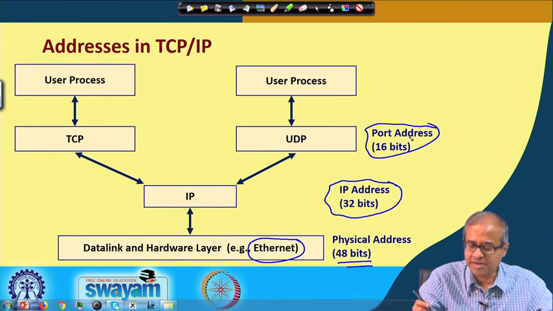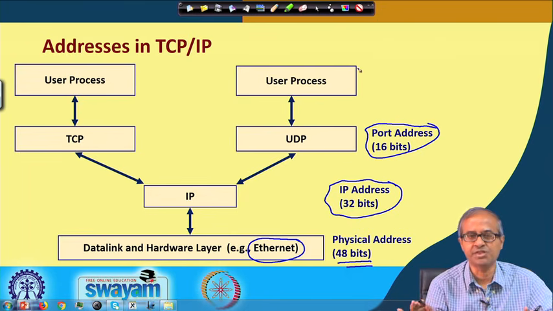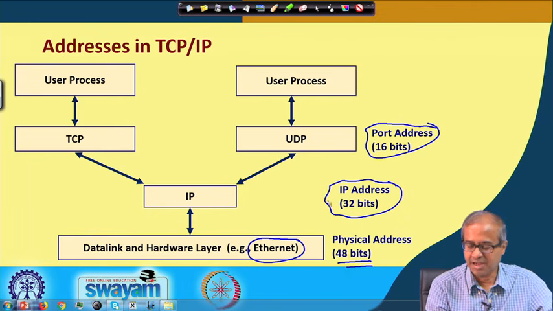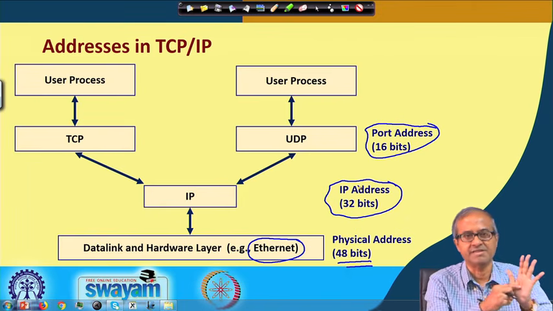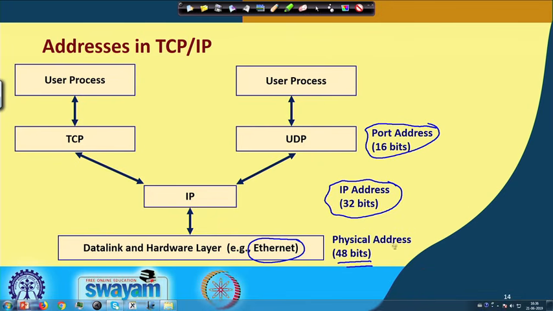So, this port address basically uniquely identifies one of the user processes or user programs running on a machine. IP address identifies uniquely the network interface, and physical address, as I said, is a characteristic of the network interface card, and every network interface card has a unique network address.